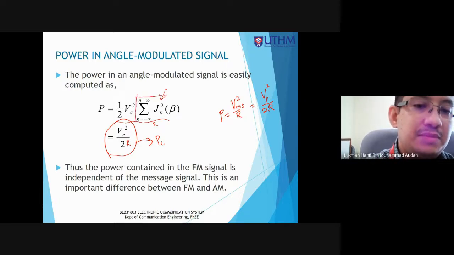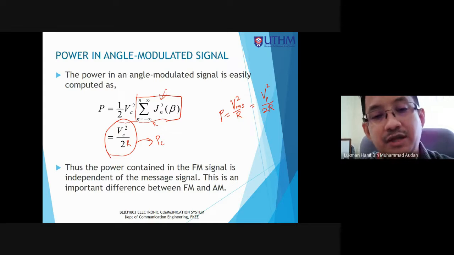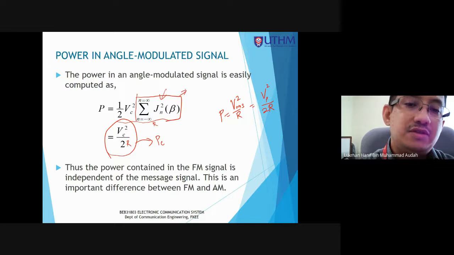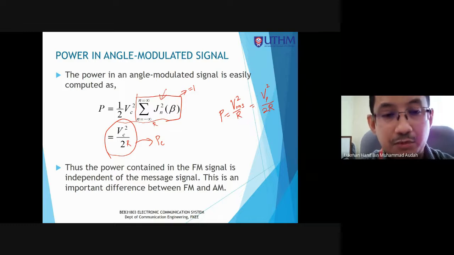Based on the Bessel property, there are several Bessel properties. One of them is that the quadratic summation from minus infinity to infinity is equal to 1. So this is one of the Bessel properties.